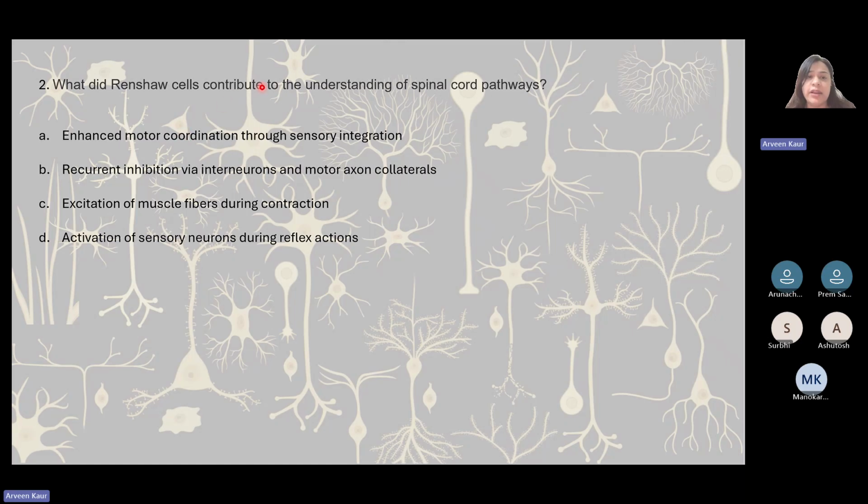What did Renshaw cells contribute to the understanding of the spinal cord pathways? So, what was the Renshaw cell? If you know this, you will have this answer already.